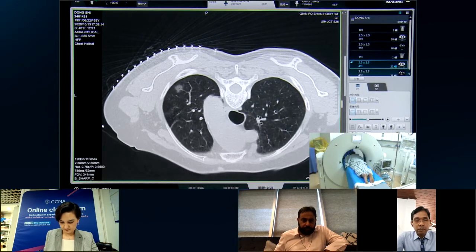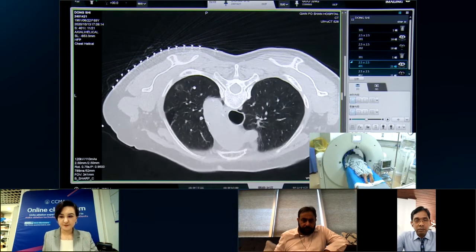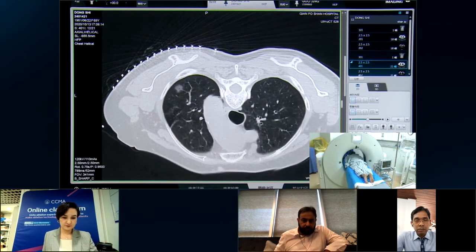So the lesion is very clear on the CT scan in the left upper lobe. He is measuring the size of the nodule and the ablated zone.